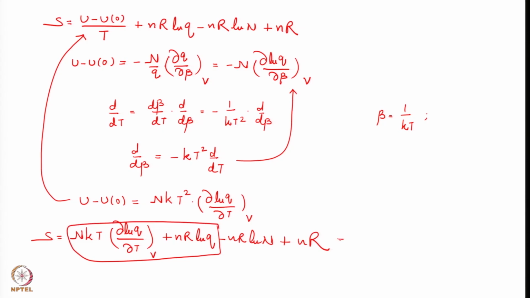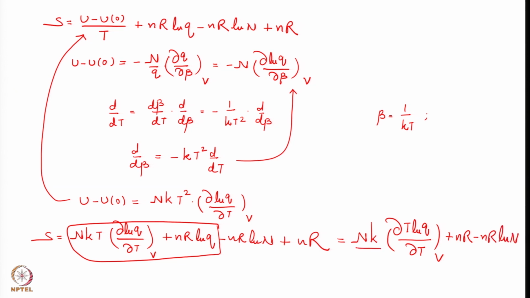Let us say, if I combine these two terms, I can write nk ∂/∂T (T log q) at constant volume plus nR minus nR log n, right.